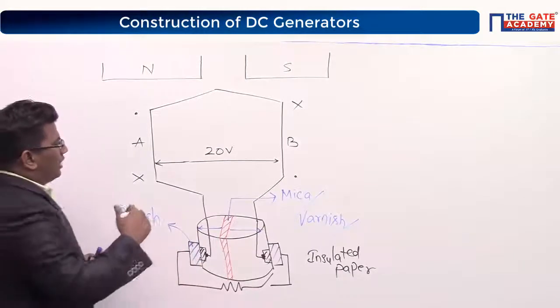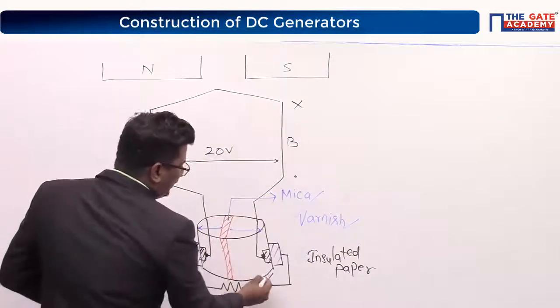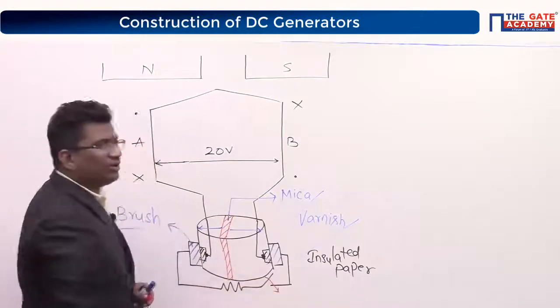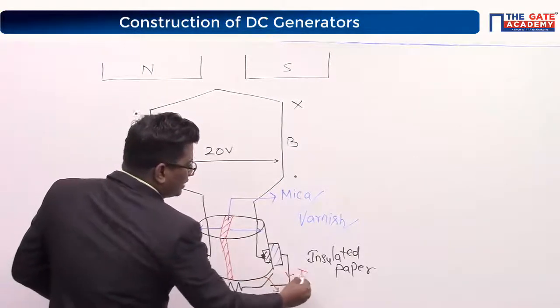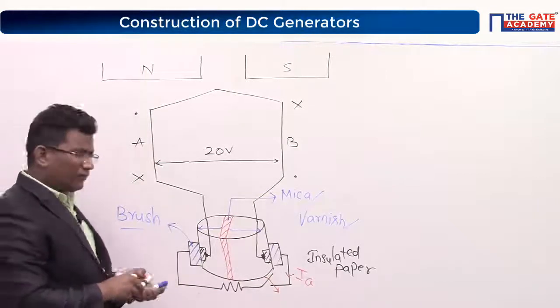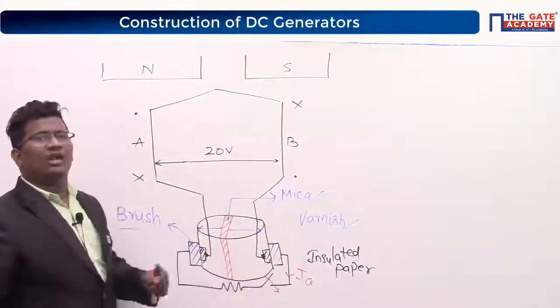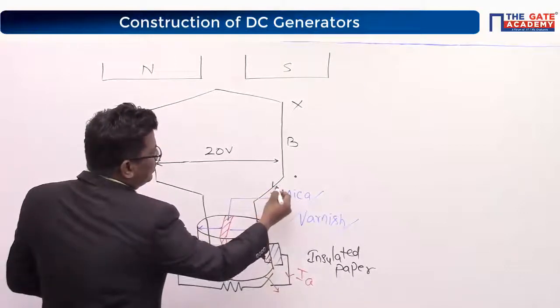The total voltage is 20 volts. So if I close the switch, can I say the current will definitely flow? The current will flow once I connect the load, otherwise no current will flow. Now tell me, current is coming out of this conductor, so which polarity is it, positive or negative?